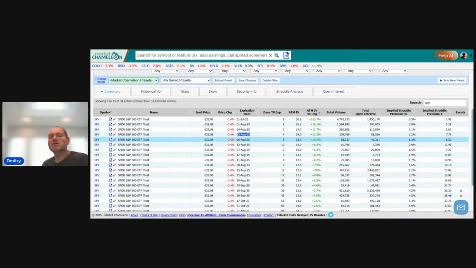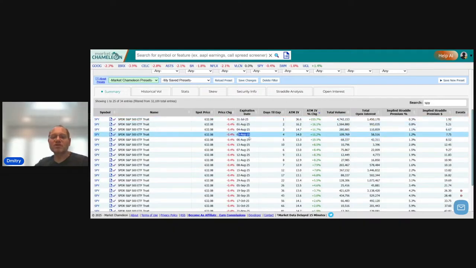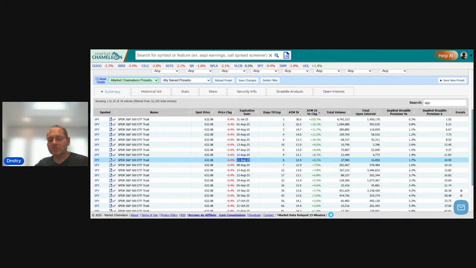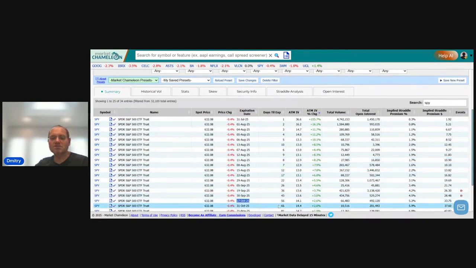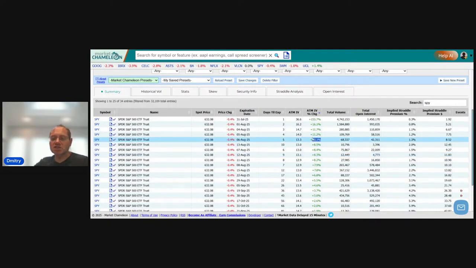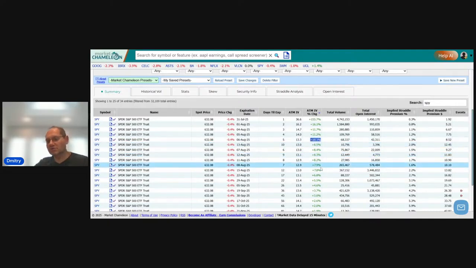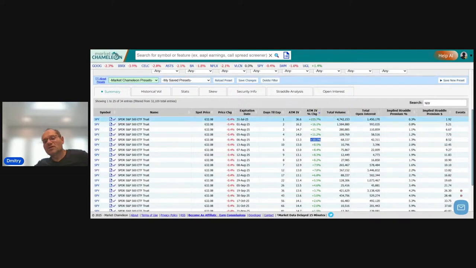So the at the money implied volatility, for example, for the August 5th expiration could be different than for the August 11th expiration or October 17th. This way we can compare the different implied volatilities. We can see the changes in the implied volatilities, the volume, open interest, and so forth.